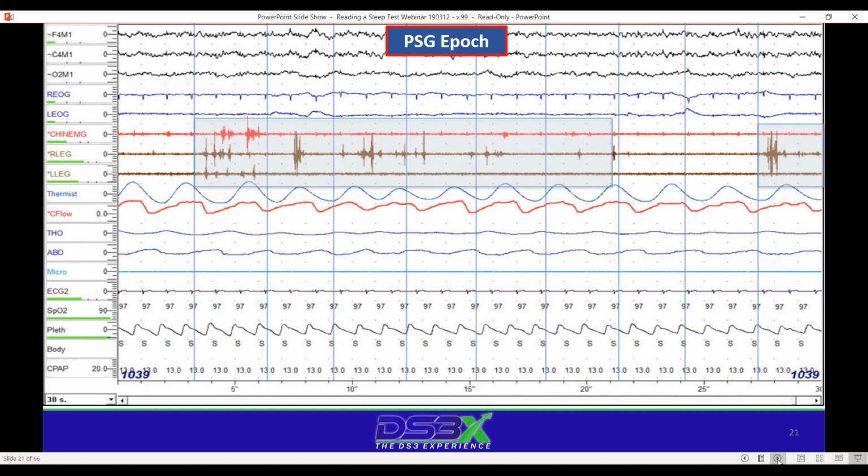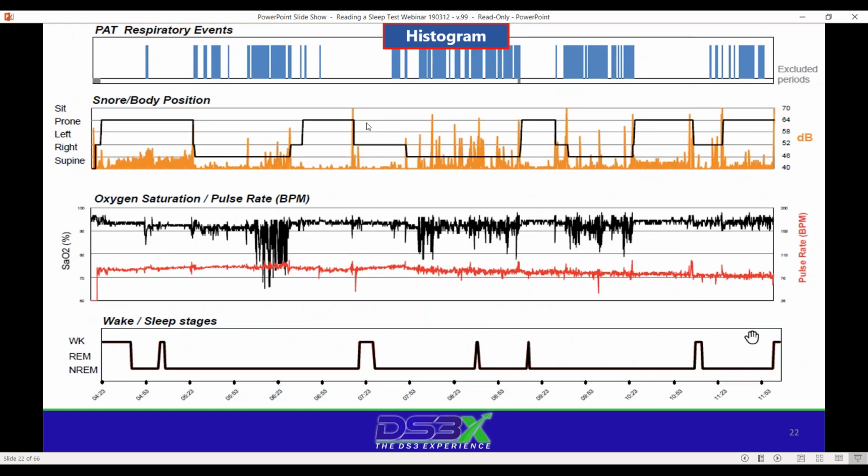So the good news is you don't have to be an expert in all that, nor do you have to be on this page. I'm going to move my camera's picture over here again. This is what we call a histogram. A histogram is just all that information bunched up together, so we can look at all those signals at the same time. This is from a WatchPAT, I believe, from Itamar.